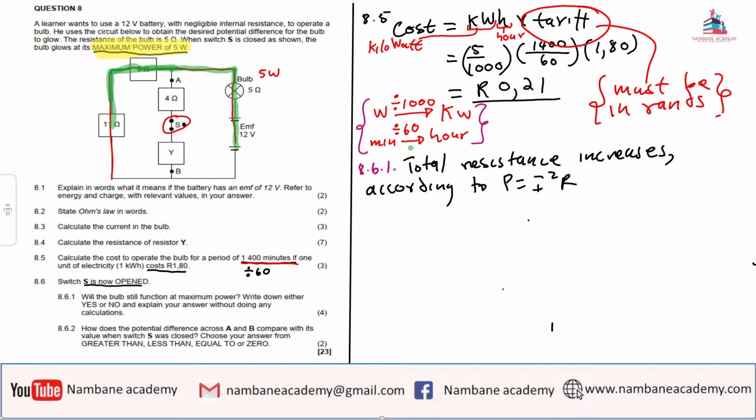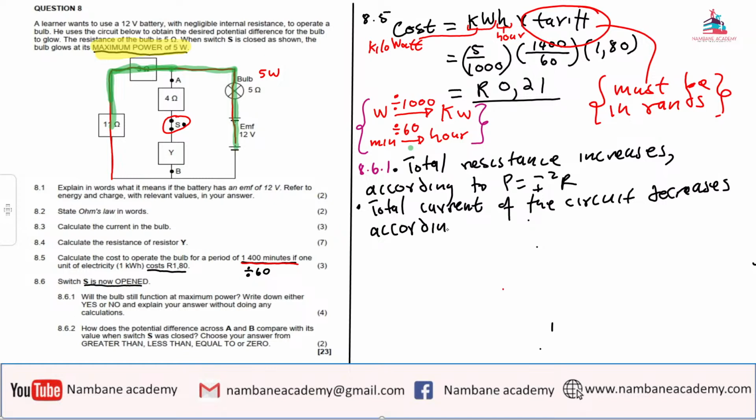Now, bullet number 2, I am going to just say the total current of the circuit decreases according to P = VI.